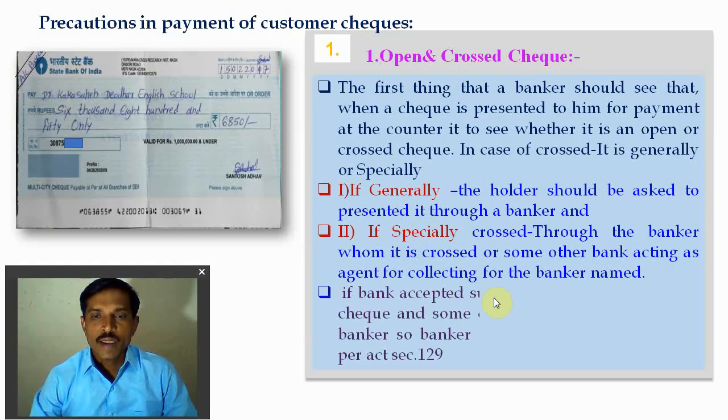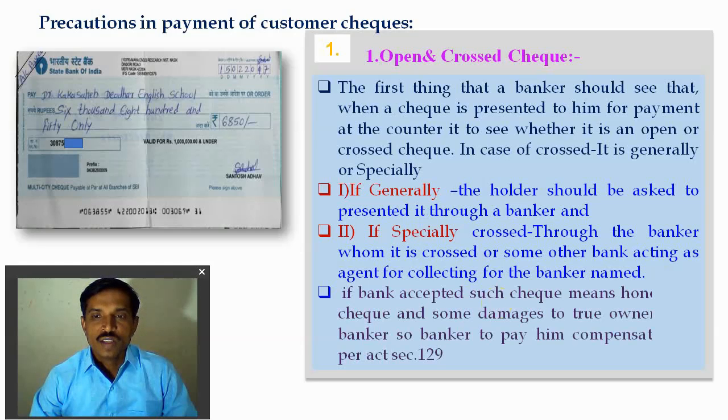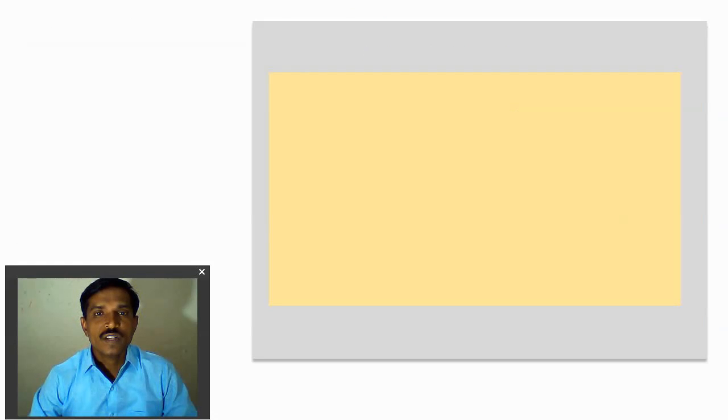If the bank accepted such a check, that means honoring the check, and some damage is caused to the true owner, then the banker pays him compensation as per section 129 of the Negotiable Instruments Act. Whenever there is any damage to the customer's credit, the compensation is mentioned in the Act.